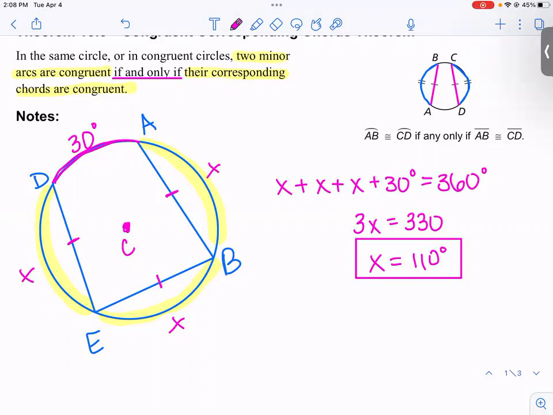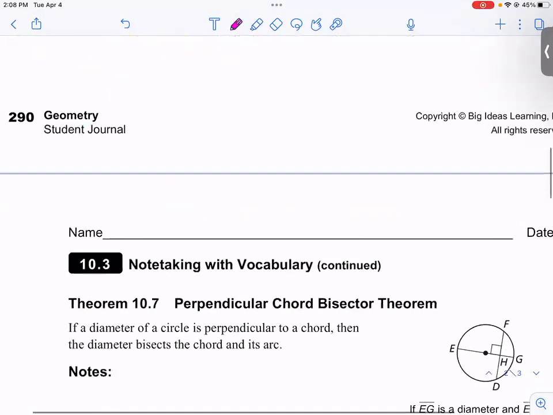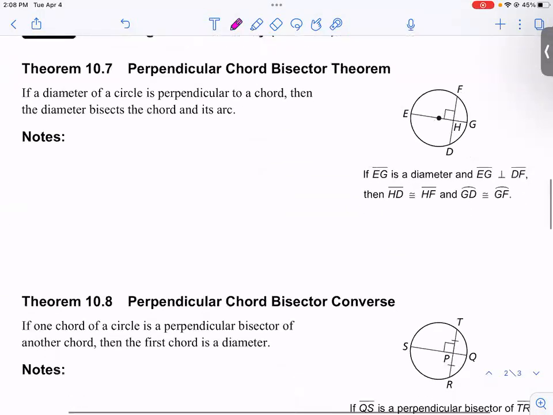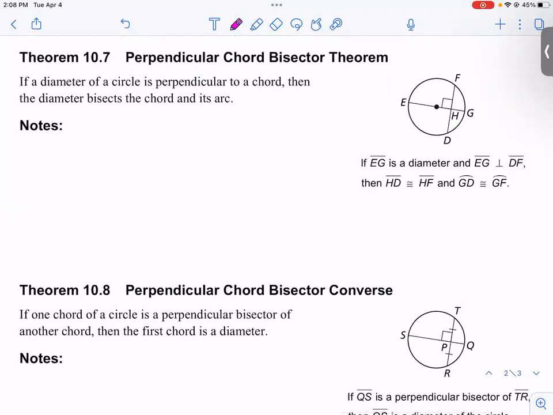Okay. The next thing on the next page: if a diameter is perpendicular to a chord, then the diameter is bisecting the chord and its arc.